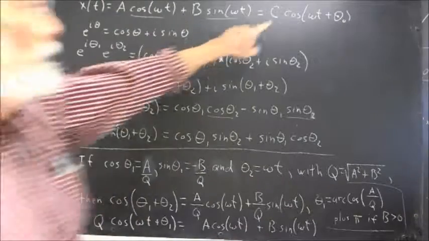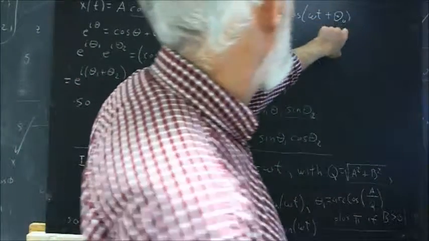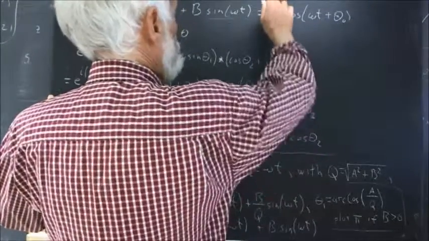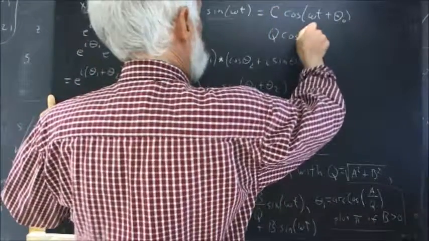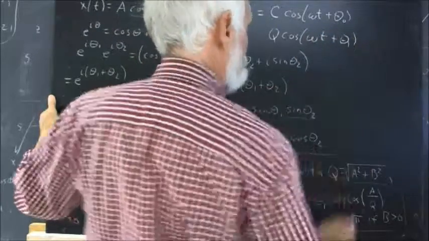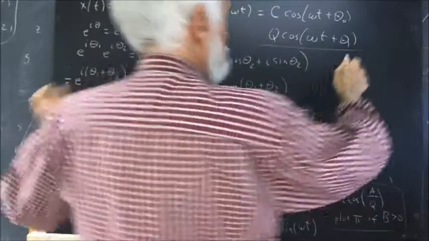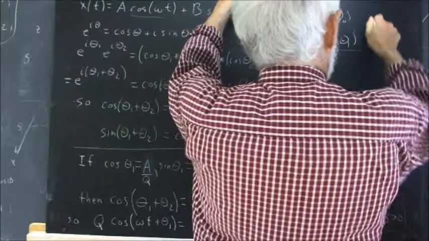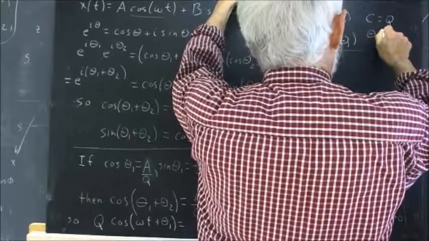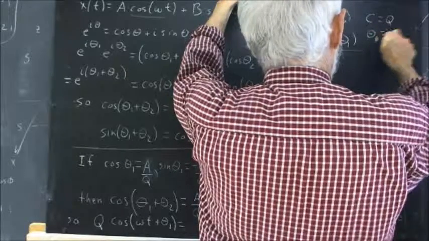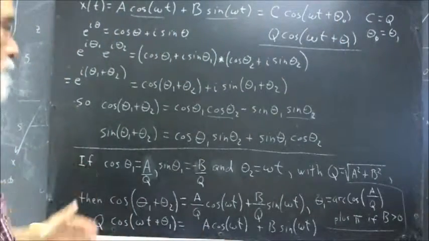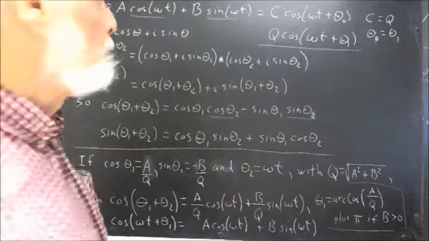So that's of the form c cosine of omega t plus theta naught, if we identify q with c, and the theta 1 we found down here with theta naught. So c is going to equal q, and theta naught, which is what we want, is going to equal the theta 1 that we get here. So this is one version of how we make this conversion.